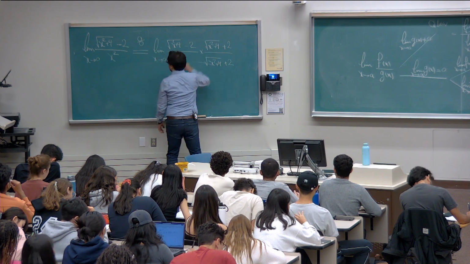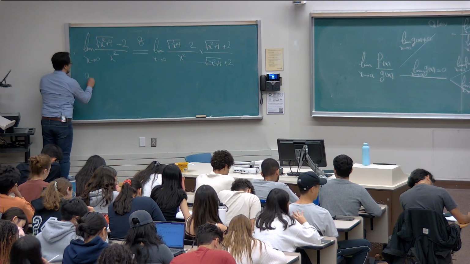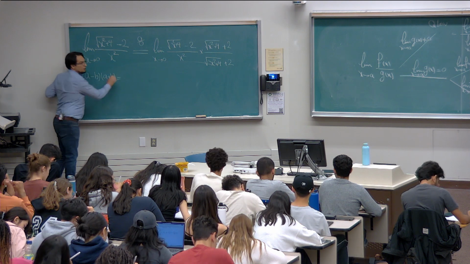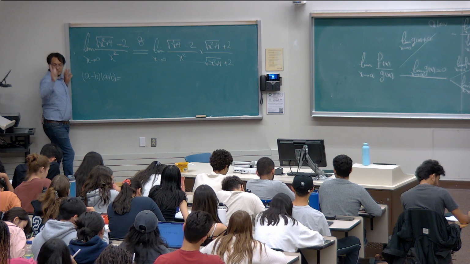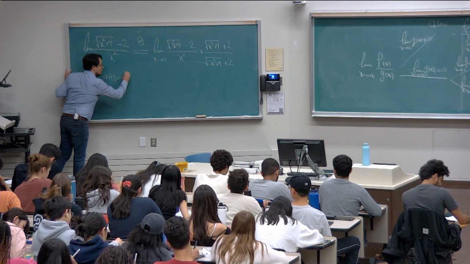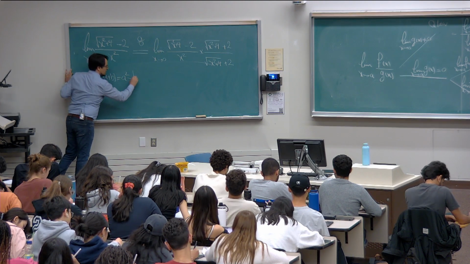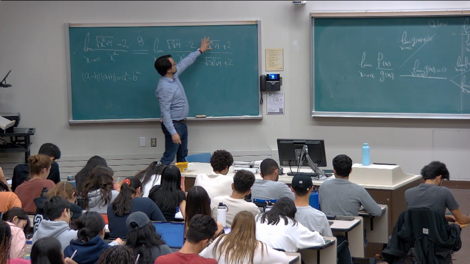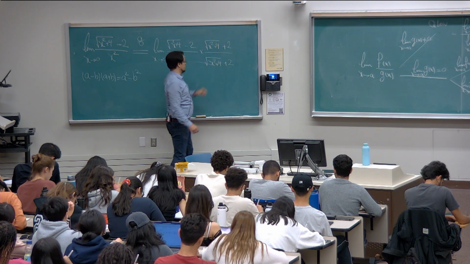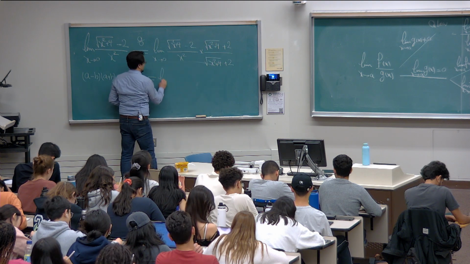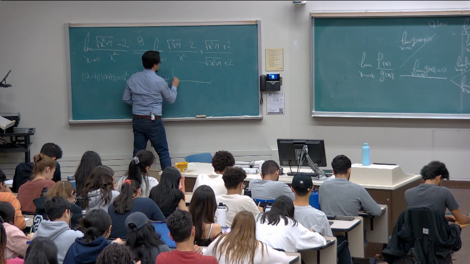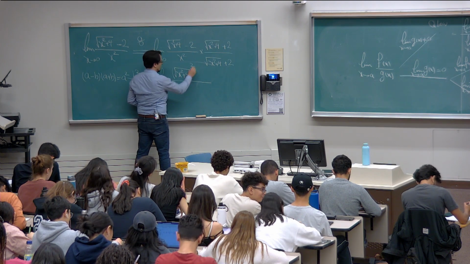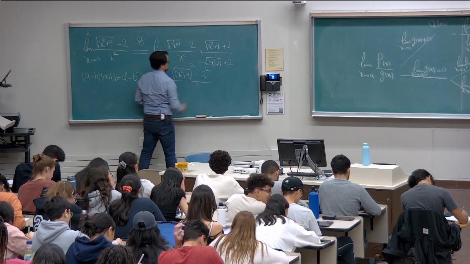This works simply because if you have a minus b times a plus b, you're going to get a squared minus b squared. Now I have a minus b times a plus b, so my expression in the numerator will be the square root of x squared plus 4, squared, minus 2 squared.